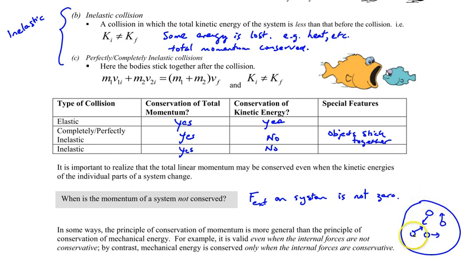That means that if you were to add up all the individual momentums of the system before and then later at another point in time, it would remain constant. But individually, the particles internally would be very complicated, and the momentum is not conserved because there are external forces acting on these particles individually.